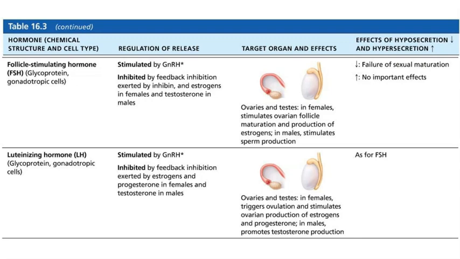Luteinizing hormone, on the other hand, stimulates the endocrine cells of the ovaries or the testes to produce their steroid sex hormones and then secrete them into the bloodstream. In the ovaries, this hormone is primarily estradiol, which is an estrogen hormone in a family of estrogen hormones. Estradiol is the prominent of the estrogens that's produced by the ovaries. And in the testes, the primary steroid sex hormone is testosterone.